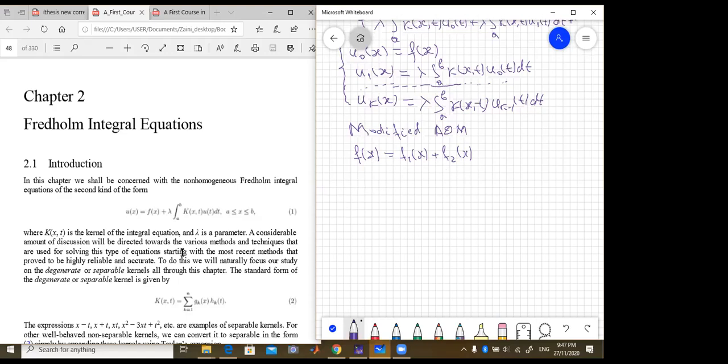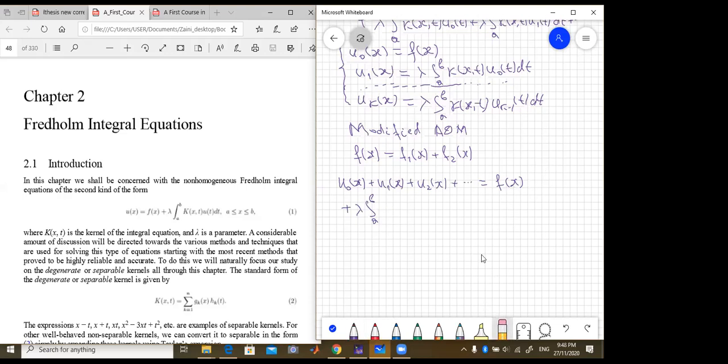So now, when we substitute the series into equation 1, we have on the left side, just as usual, u0 of x, u1 of x, u2 of x, and so on, equal to f of x plus lambda integral from a to b. Sorry, here not f of x now.